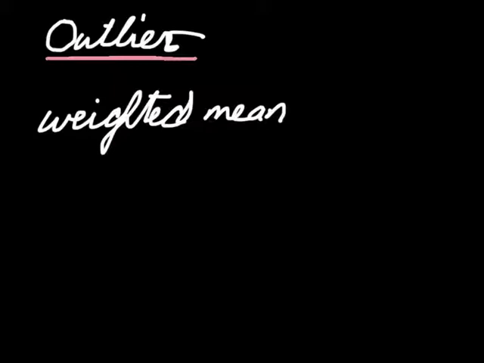All right, the second topic is the weighted mean. Now, what's a weighted mean? Well, a weighted mean is where certain data in a list show up more than one time.